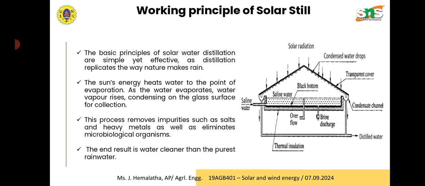The collector basin is often made from materials like glass, plastic, or metal that allow sunlight to pass through to heat the water. The surface is typically black or dark colored to absorb the maximum solar heat. The cover is a transparent material such as glass or clear plastic which allows sunlight to enter while preventing the heat from escaping.